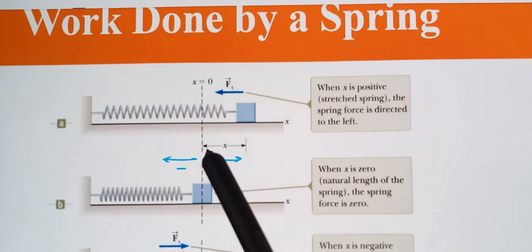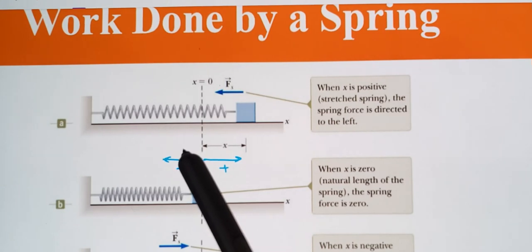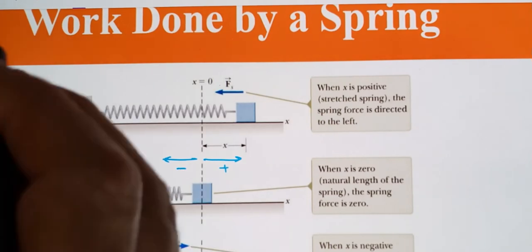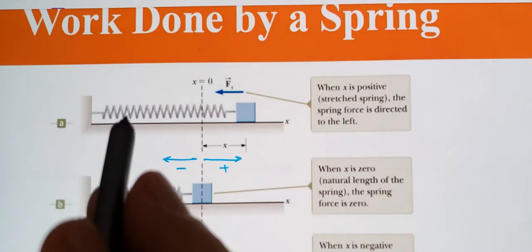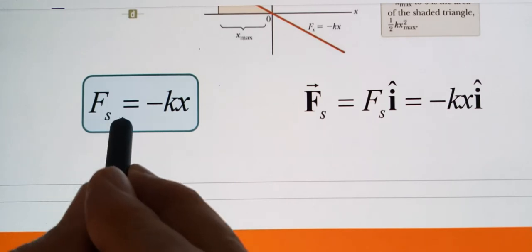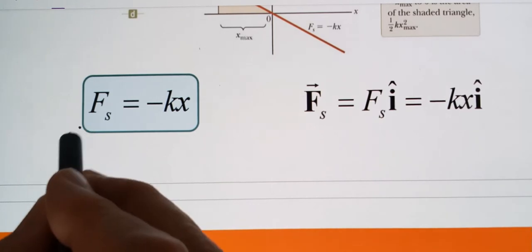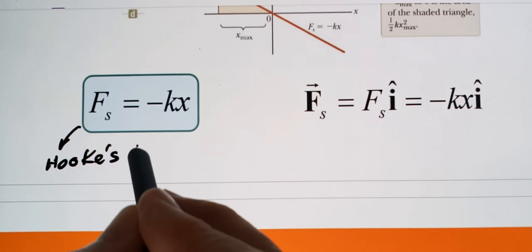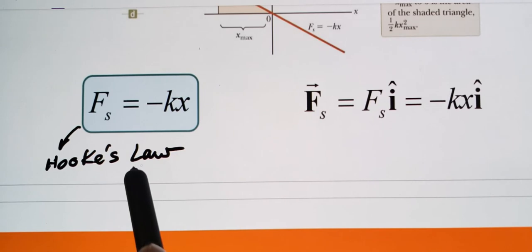Sometimes students finish 191 and 192 and have no idea why Hooke's law has a minus sign. You know Hooke's law? F is equal to minus kx. That's Hooke's law, and we also have an experiment in the lab about it.